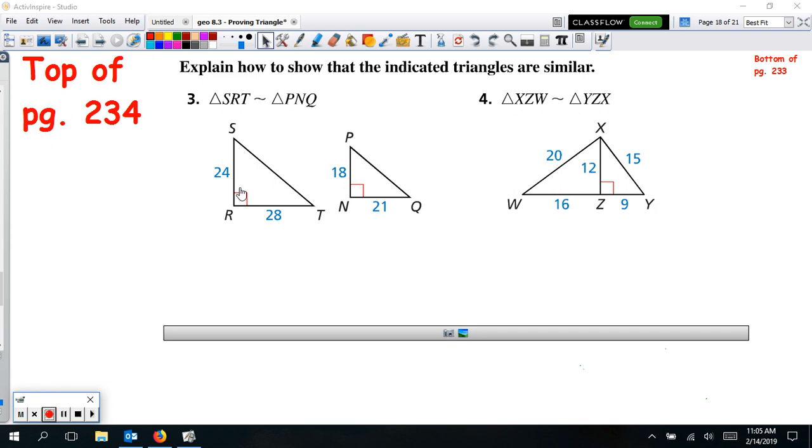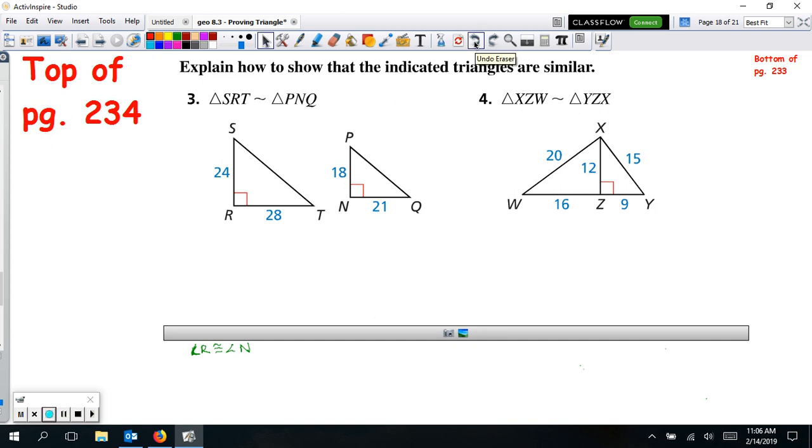And so what we're going to do here is use these theorems to show this. First off, we see that it has these right angles. They both have a right angle here for R and N. So those two are congruent angles. So we could start with that. Down below these figures, go ahead and write that angle R is congruent to angle N. So that's one angle we know is congruent. And then if we can show that these other sides on each side of this right angle are proportional, then we can use the side angle side, which is what we're going to try to do.